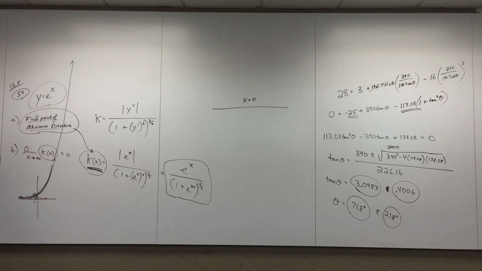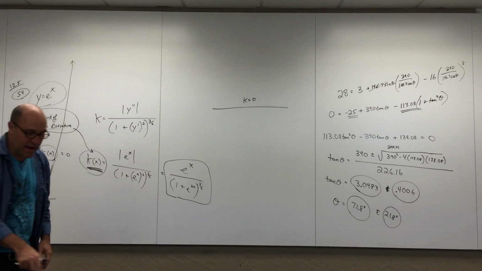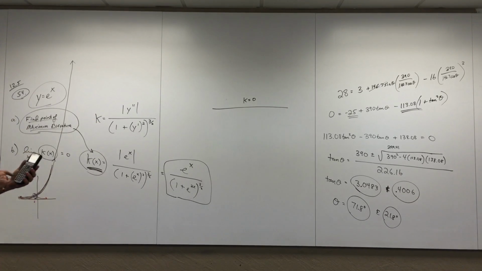But the maximum of the curvature function, I'm now going to actually use the calculator to find it. I don't know if you know how to do this. You go to second, calculate, and there's a button called maximum. It wants me to get on the left side of where I think the maximum is, so I move to the left, I hit enter. It's asking for a right bound, so I move to the right, I hit enter. It wants a guess, so I just hit enter.